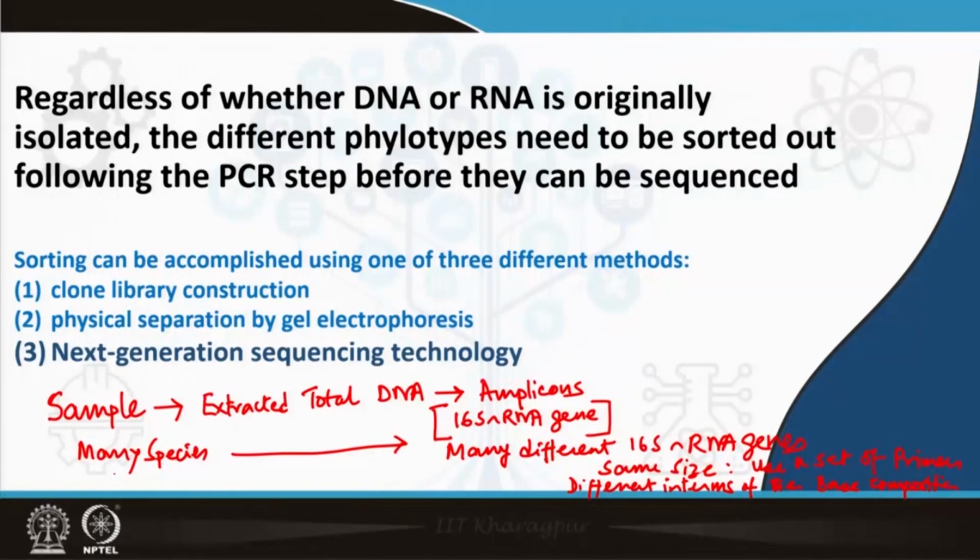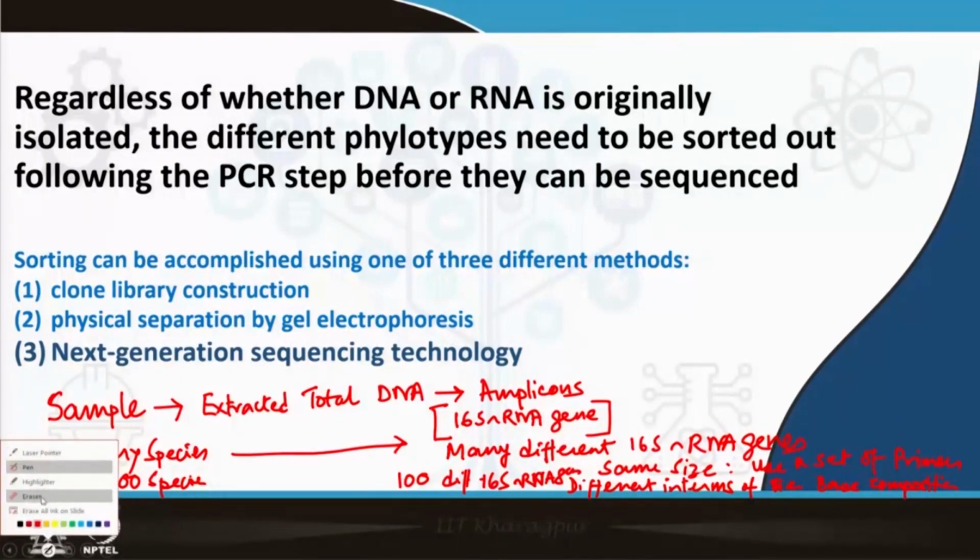Suppose we assume that 100 different species are there, then ideally there will be 100 different 16S rRNA genes.